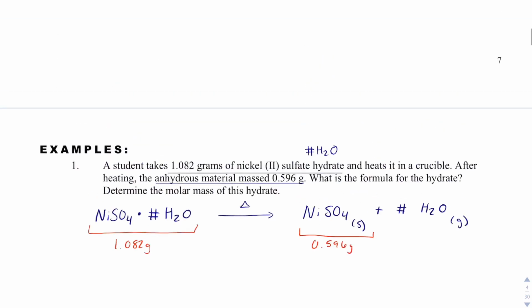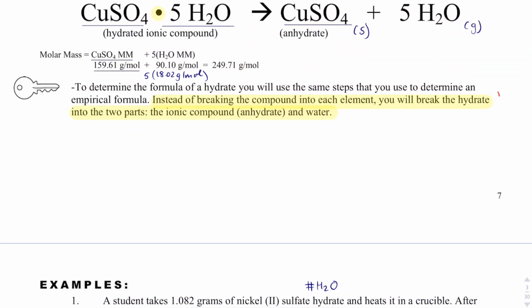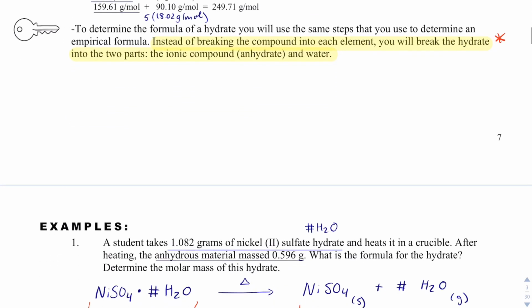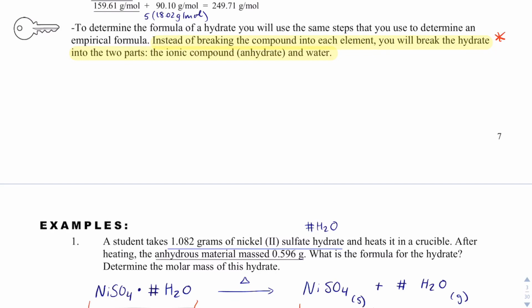Okay, if we look back to what I highlighted, this is probably the key idea here, and that's why we have a little key there: instead of breaking the compound into each element, so we're not going to break it into nickel, sulfur, oxygen, and hydrogen, we're going to break it into the ionic compound, the anhydrate, which is this guy, and water.